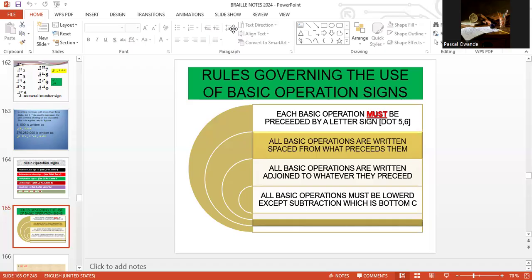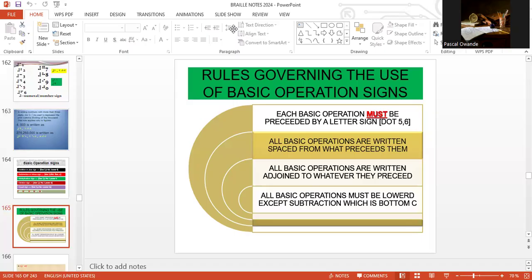Number three, all basic operation signs are written adjoined to whatever they precede. And finally, the fourth rule is that all basic operation signs must be lowered, except subtraction, which is bottom C.